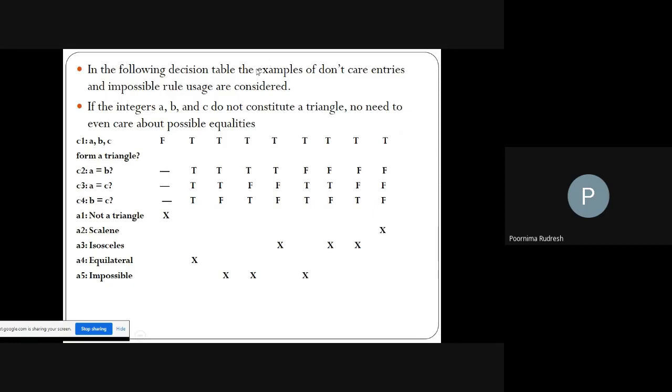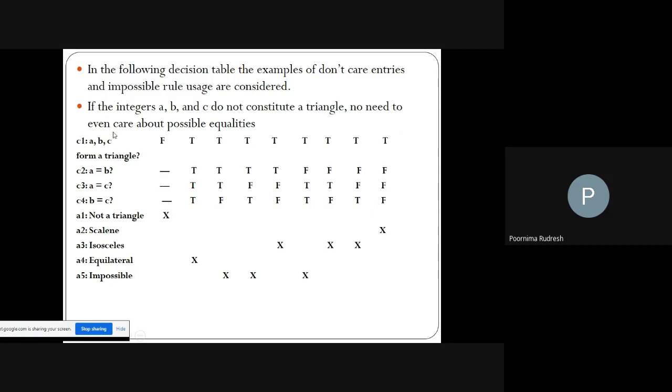But here we consider whether the three sides ABC form a triangle or not, and for that different rules are defined. The first rule says that F indicates that by using the three sides ABC we can't form a triangle. Then the conditions C2, C3, C4 are irrelevant.